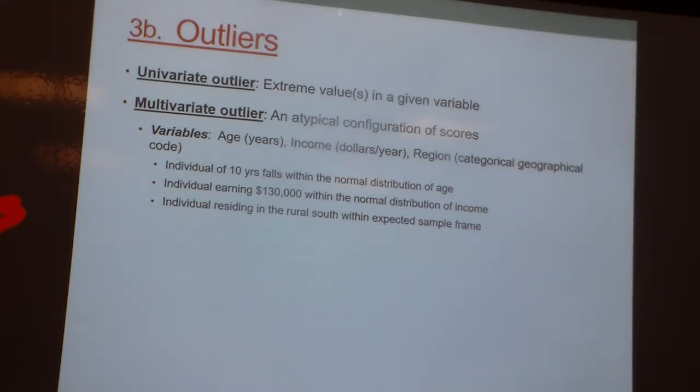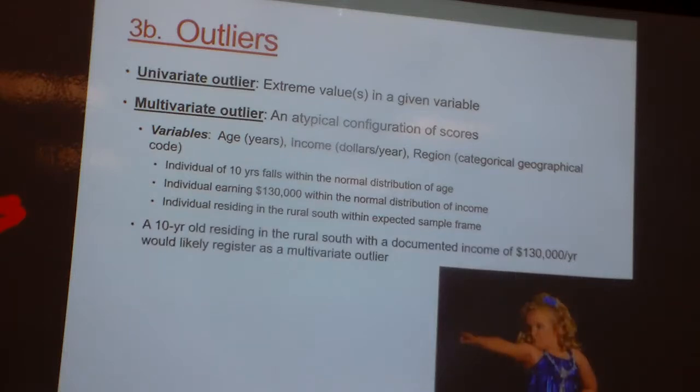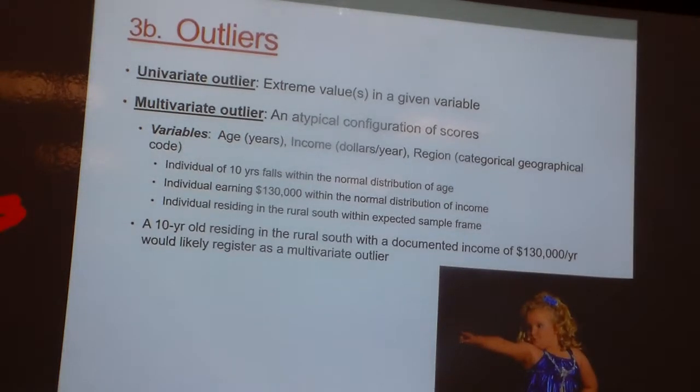They're right where we would expect. Someone earning $130,000, that's fine. That's not going to be weird. We have someone residing in the rural South, that's fine, right? But if we start combining these together and get a 10-year-old person who's making $130,000 a year residing in the rural South, all of a sudden, that's a weird case, right?